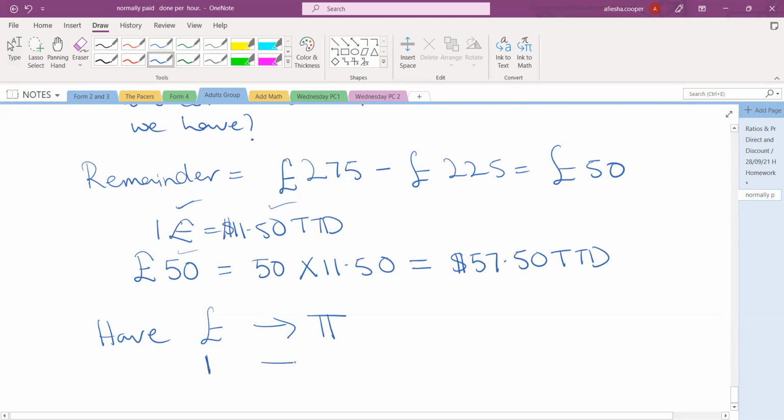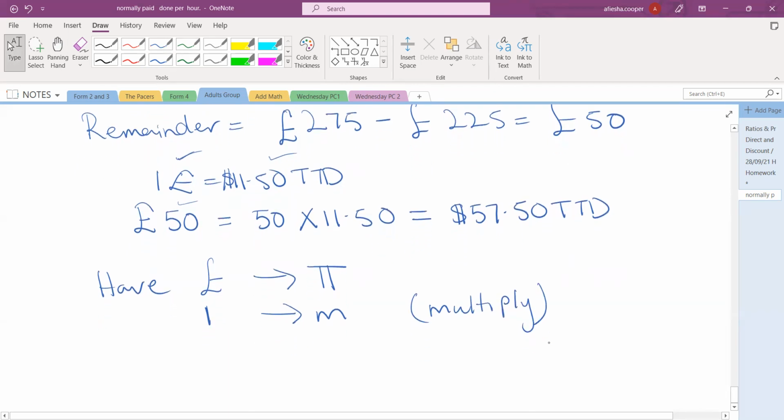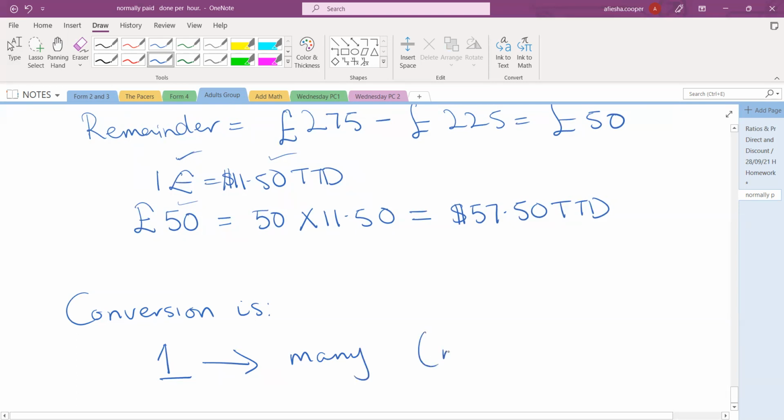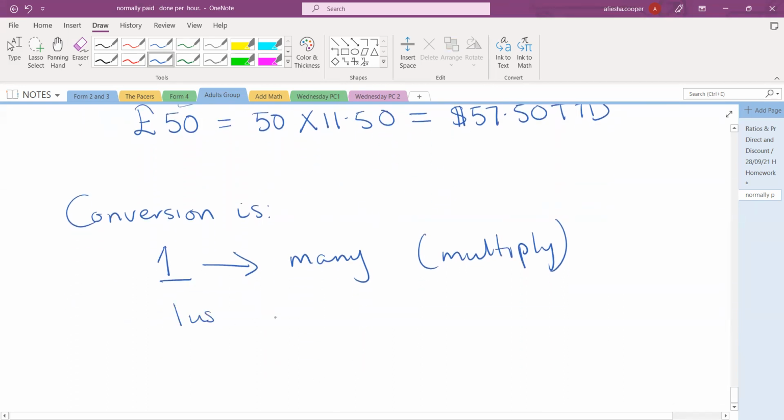If this is 1 to many, we multiply. So for example, 1 US is 5 TT, and I want to get 5 US.